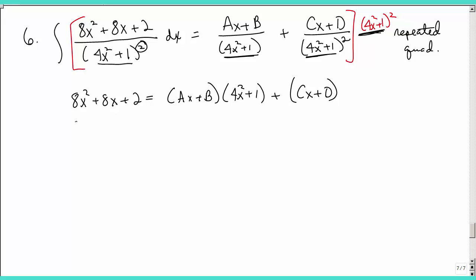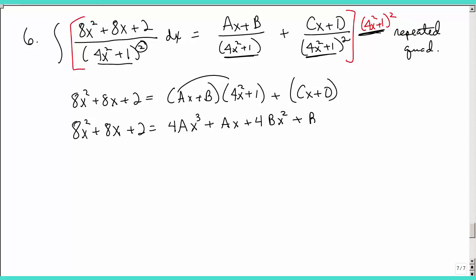So I'm just going to take a minute and clean up this right-hand side. I'm just going to multiply all this out. So I'm going to have 4ax cubed plus ax plus 4bx squared plus b plus cx plus d. This way I can see what all terms I have.